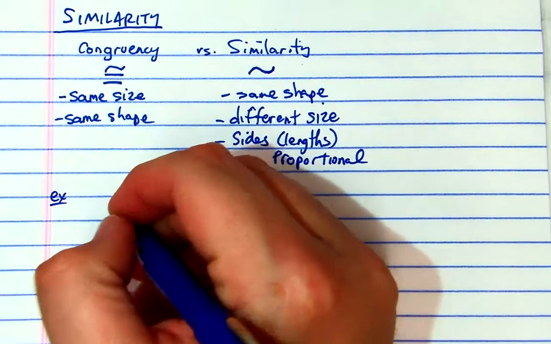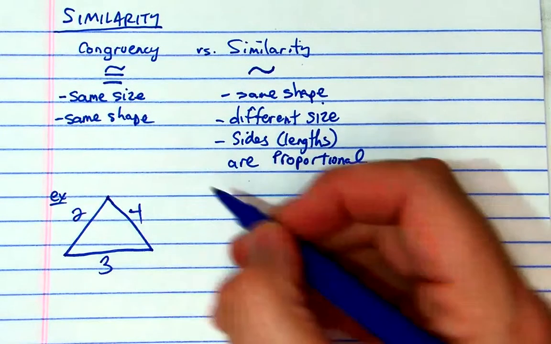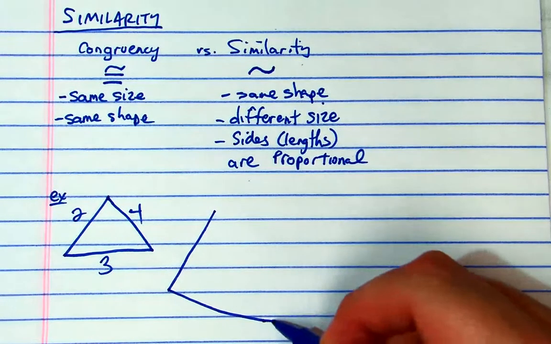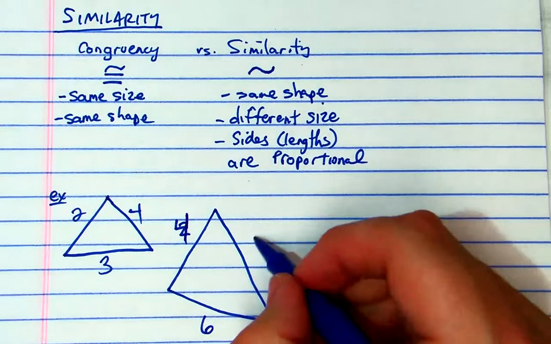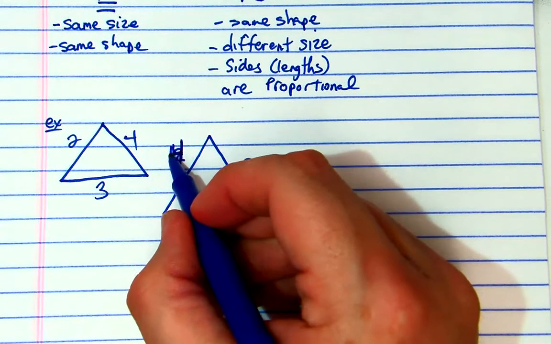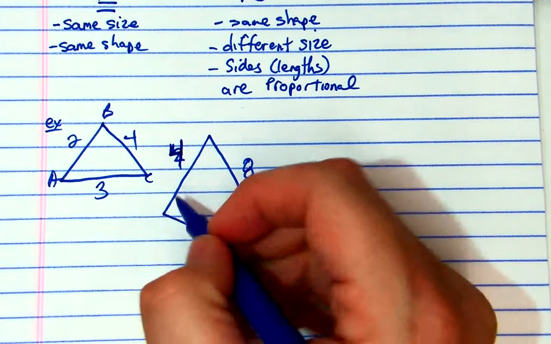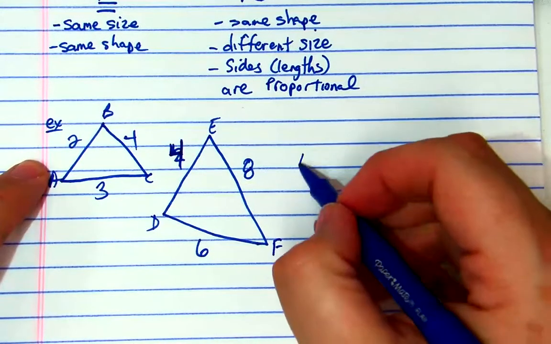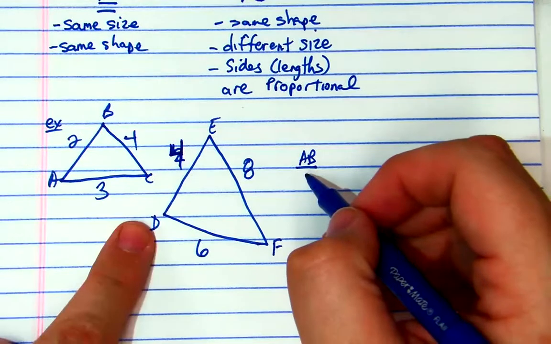Here's an example. If you have a triangle where you have 2, 3, 4, and then you have an even bigger triangle where it goes 4, 6, 8. And if these two triangles are similar, we'll call this A, B, C, and then D, E, F. Now, we'd say AB divided by the corresponding side here.